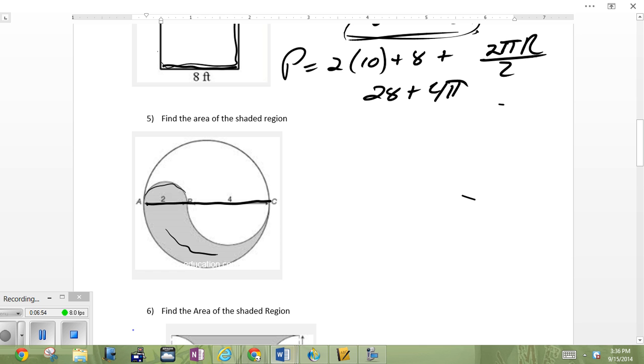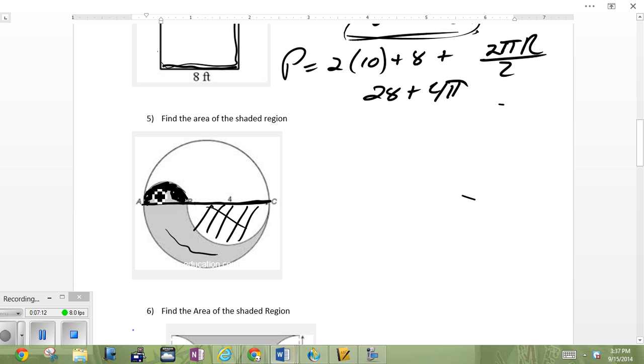So this area in here is actually the semicircle less this, which is the half the median circle, plus this up here, which is half of the smallest circle.